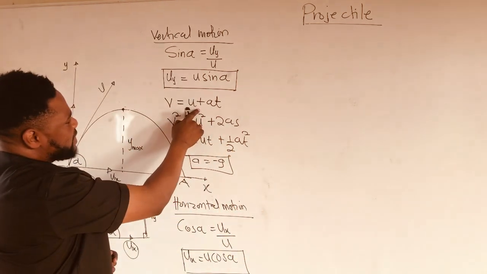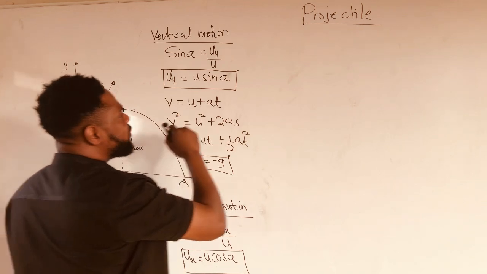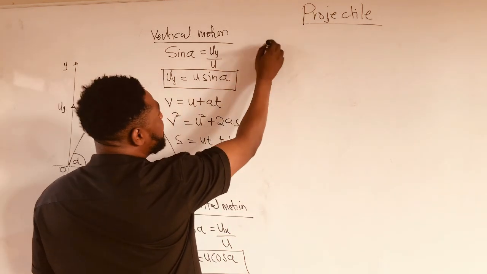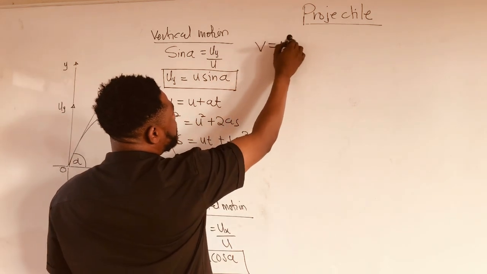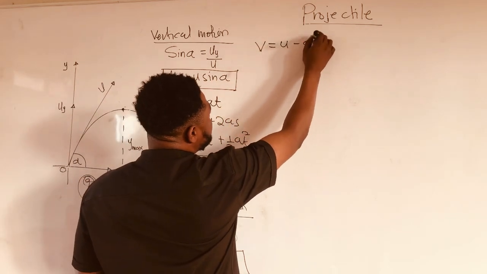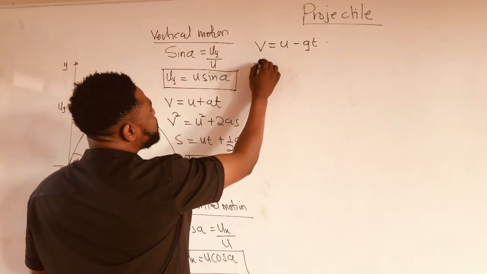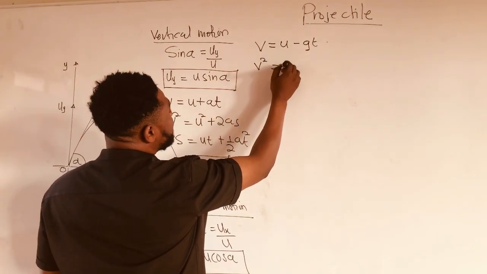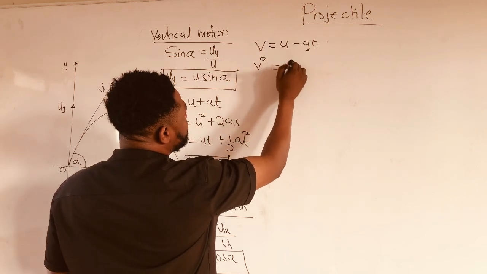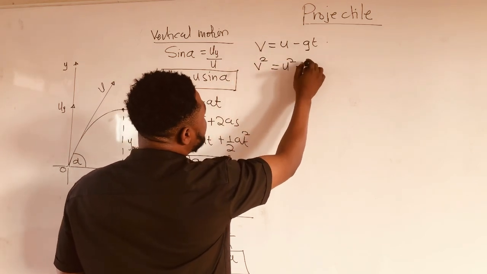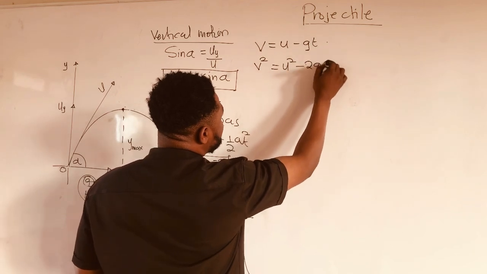So let us look at these formulas here, how we can deduce another formula from them. So we are going to have v equal to u minus gt, all right? Then we also have v squared equal to u squared minus 2gx.